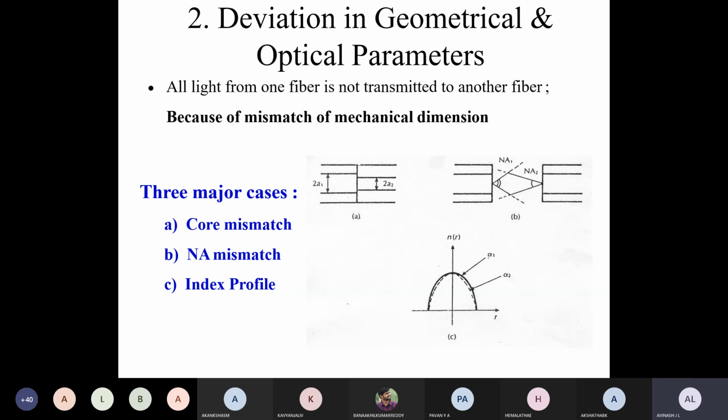Please make a note: all light from one fiber is not transmitted to another because of mismatch of mechanical dimensions. These are caused by three categories: core mismatch, numerical aperture mismatch, and index profile mismatch. The diagrams are self-explanatory, so write these with the headings and one or two sentences of your own; that is more than enough.